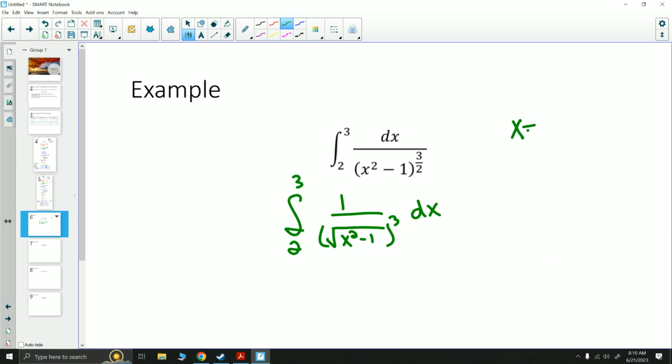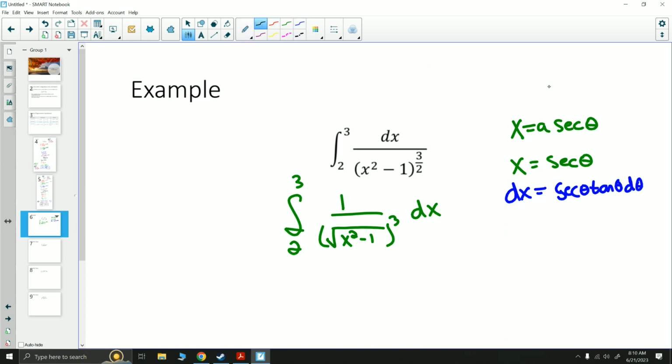So we have x equals a secant theta. For us, our a is 1, and our x is just x here, so x equals secant theta. That tells us then that dx is going to be the derivative of secant, which is secant tangent: secant theta tangent theta d theta.